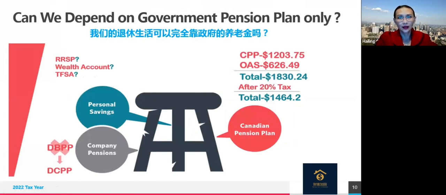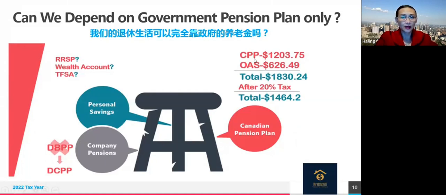Look at the government pension. We say, well, can I rely on the government for my retirement? The government will give every Canadian a certain pension. However, it's not sufficient. Just look at the numbers. Old Age Security: if you have been in Canada more than 40 years after age 18, you will be able to have the maximum amount, 626.